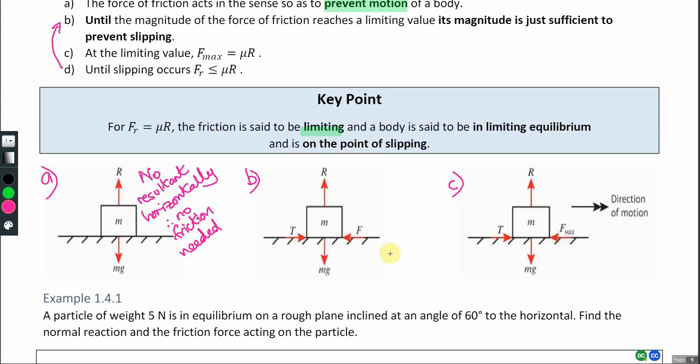In part B, same vertical forces, but now we have a T force pushing the object to the right, and F, that should have a subscript R, FR, so please add that onto your diagram. FR is the friction force trying to stop it moving.